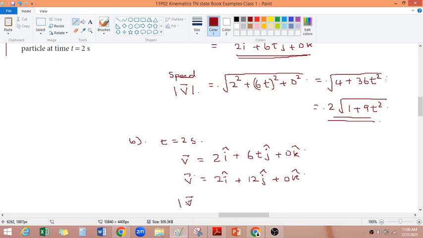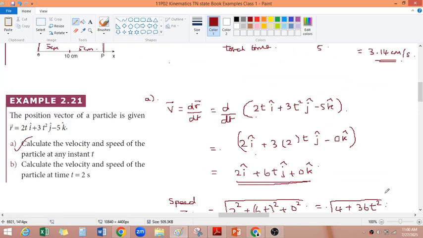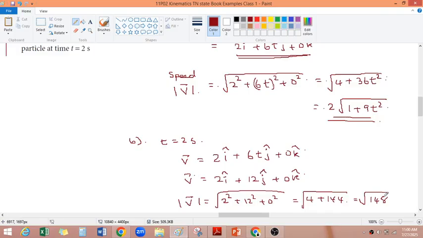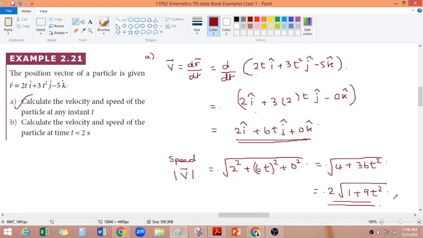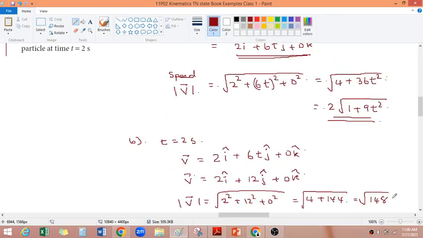Velocity vector magnitude will be 2 square plus 12 square plus 0 square. So 4 plus 144, 148, right? So that many units per second. They didn't say the units for speed, so you can say units per second.